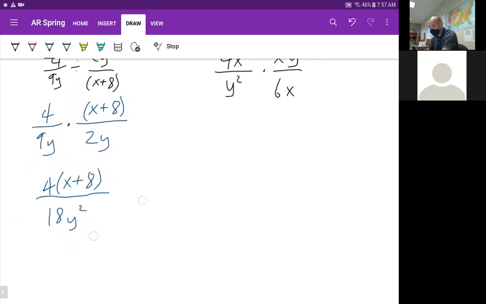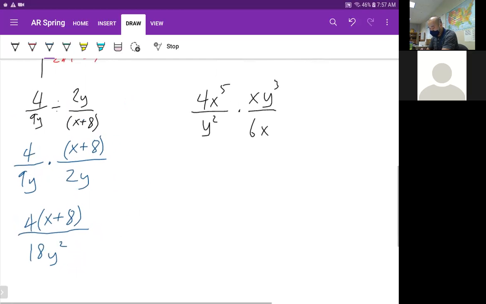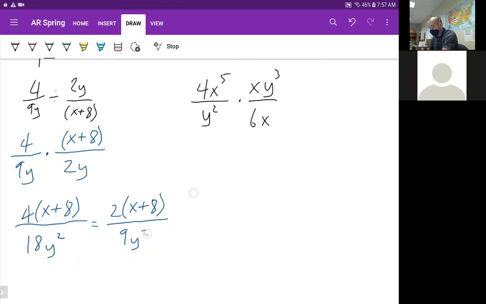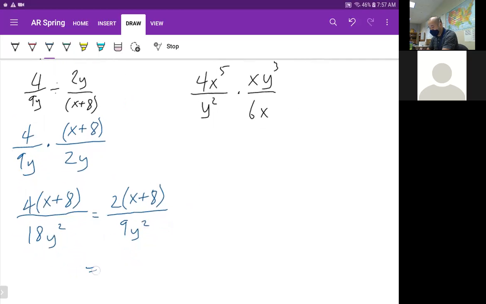Does this fit? I'm going to move over this way. So that's going to be 2 times x plus 8 divided by 9y squared. And then to finish it up, you'll distribute this.